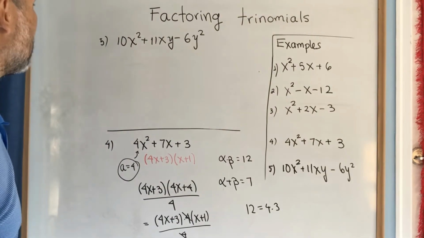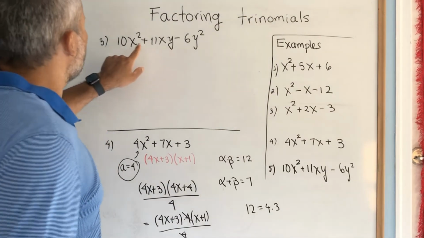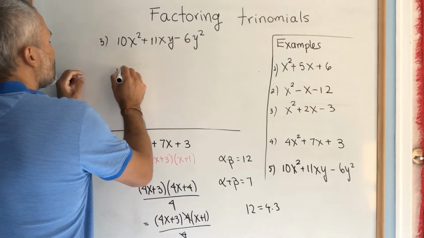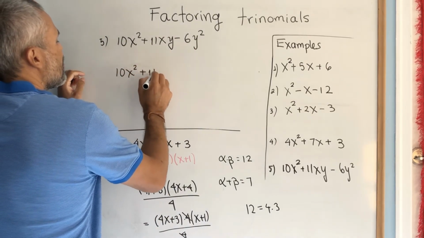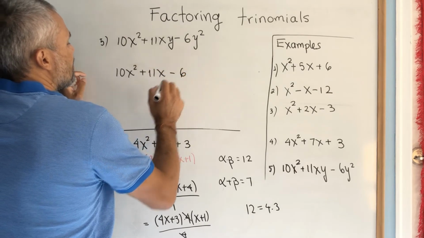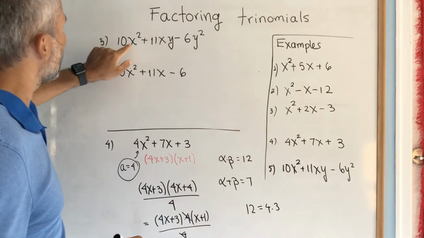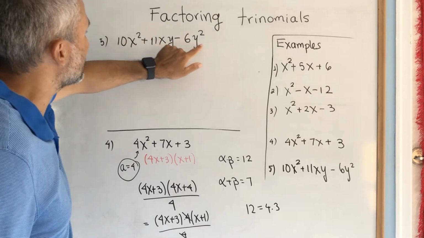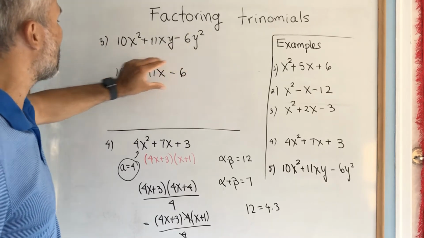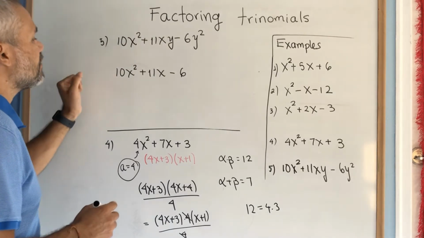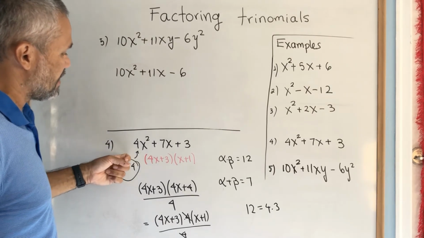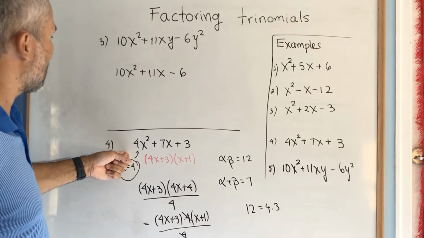One way to do this is to forget about the y and just factor 10x squared plus 11x minus 6. This is going to work when you have this configuration, x squared, xy, and y squared. Then you can forget about the y for now. And to factor this one, we are in the previous case, right? It's similar to problem number 4.